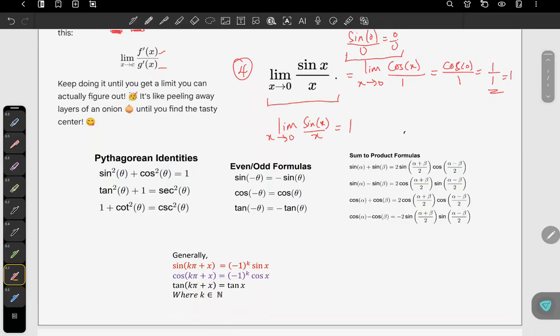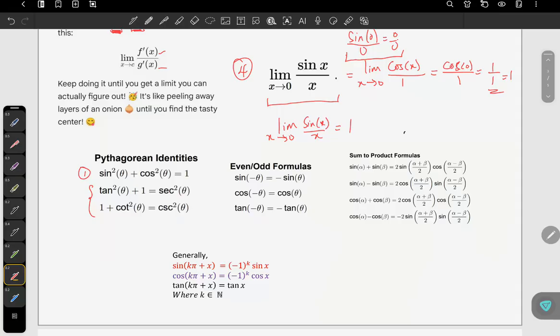The Pythagorean identities: sine squared theta plus cos squared theta equals 1. And the remaining two are gotten from the first one by dividing appropriately by either sine squared theta or cos squared theta. Then we have the even or odd formulas.